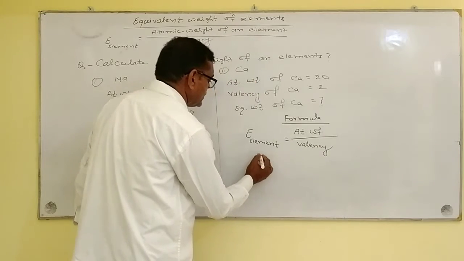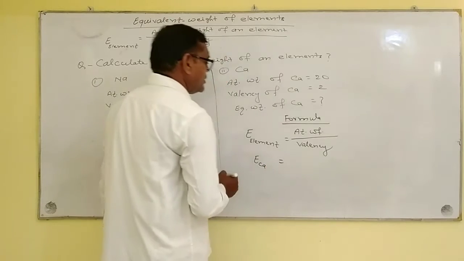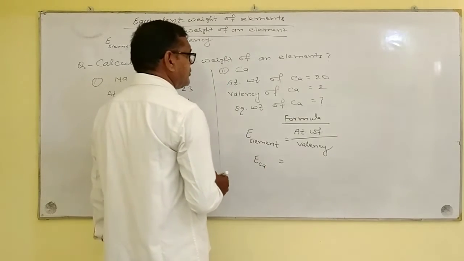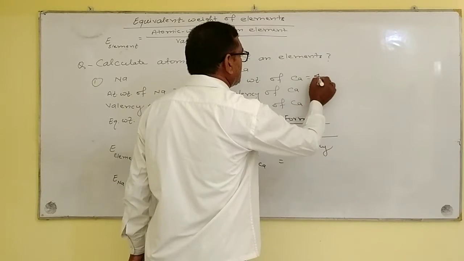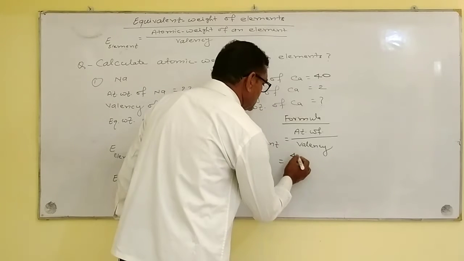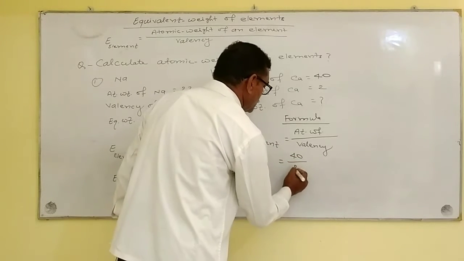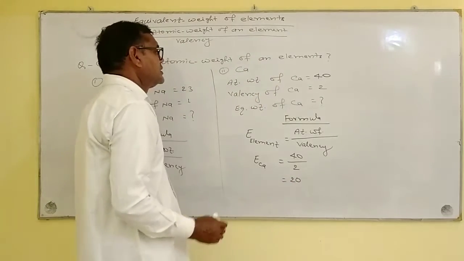Here we write E of Ca. Atomic weight of calcium is, here we write 40, it is a mistake, 40 upon 2 is equal to 20.